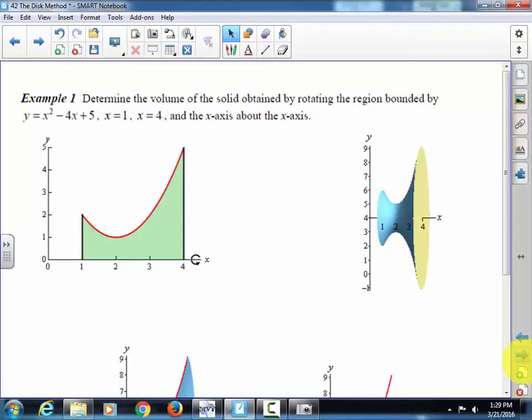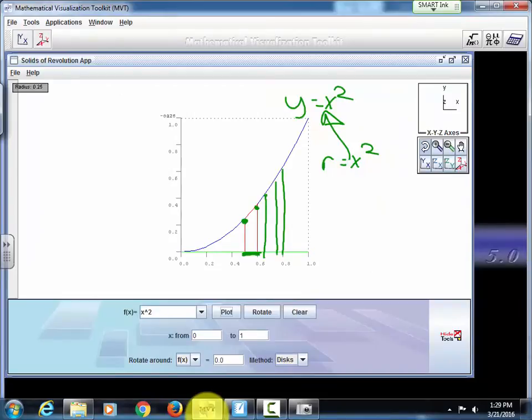Let's go over here and integrate this puppy. What are we looking at? It's x squared minus 4x plus 5? Yes, sir. Plus 5. And we're going from who to where? 1 to 4? Oh, yes, sir. 1 to 4. And if we plot that, see that we've got something that looks like that there?